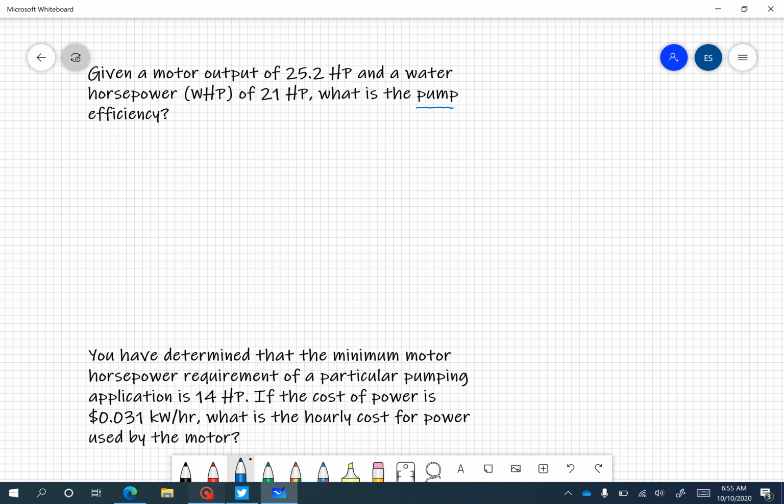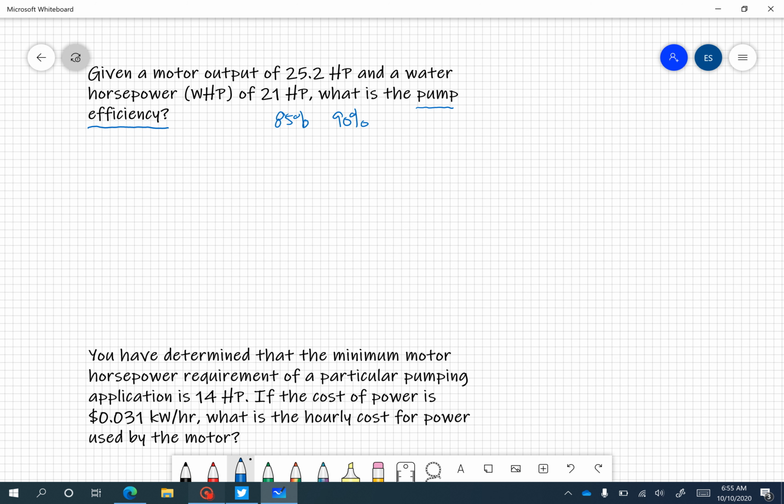Pump efficiency. And we know from previous problems that the pump efficiency is given as a percentage, like say 85%, 90%, and so on.